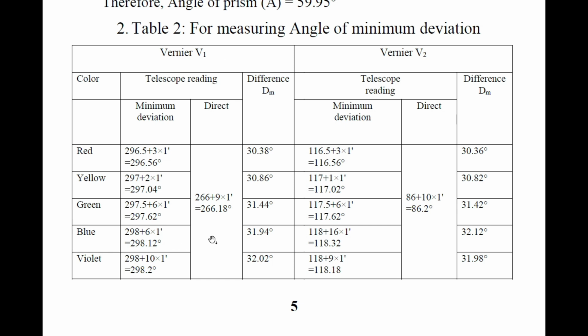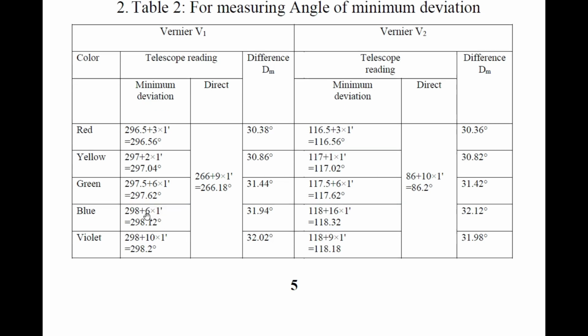If we subtract this direct reading from the minimum deviation, we'll get the difference, that is the angle of minimum deviation. So we have calculated the angle of minimum deviation for different colors as shown. We can take the average between these two and find the angle of minimum deviation for the particular color.